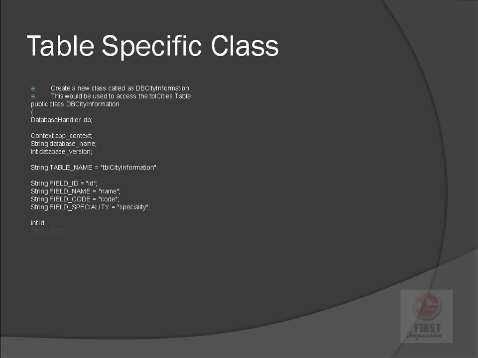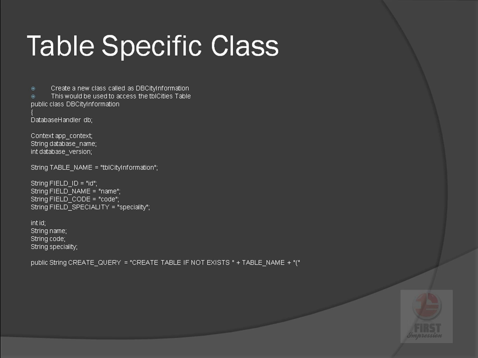And let's define int ID, string name, string code and string specialty. These will contain the values of the table. So field name, field code, field specialty and field ID contain the names of the columns of the table, whereas ID, name, code and specialty contain the values inside those columns.